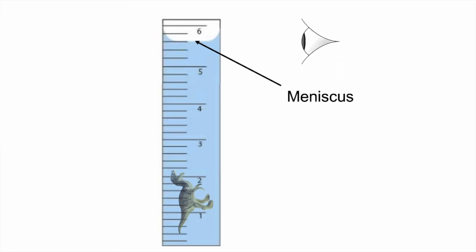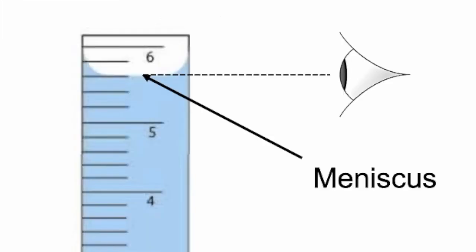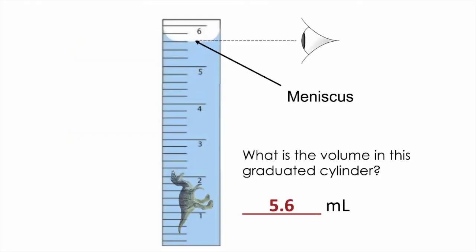We have to move our eye up so that we see the bottom of the meniscus. And as we noticed before, each of these little tick marks is at 0.2. So we've got 5.2, 5.4, 5.6. So our volume now is 5.6 milliliters.